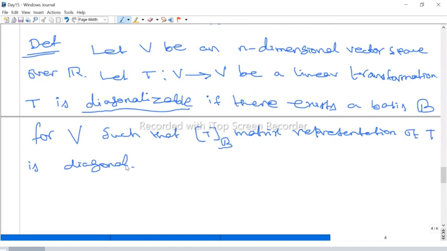So not for all bases, but there exists a basis such that the matrix representation of T is diagonal, then we say the linear operator is a diagonalizable linear operator. Any doubt? Okay.